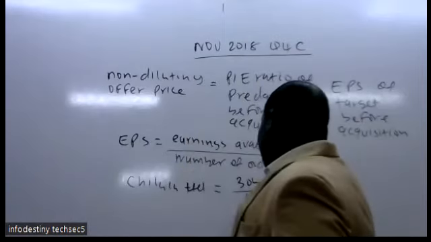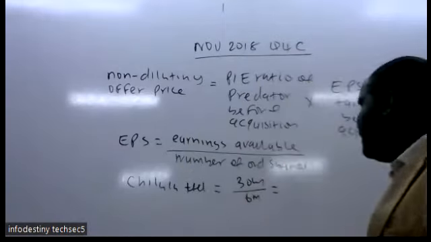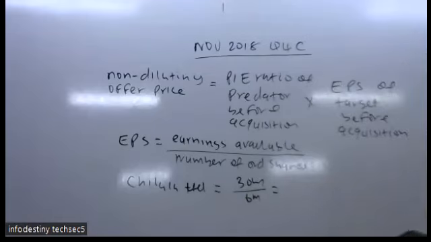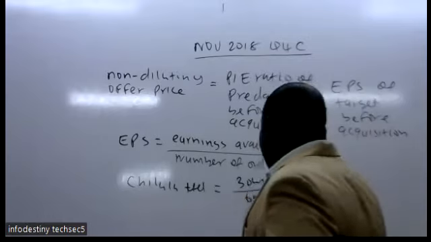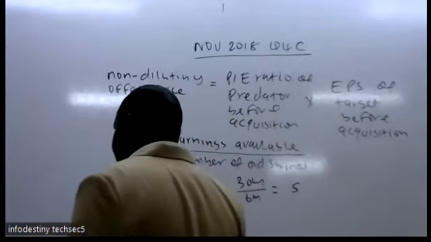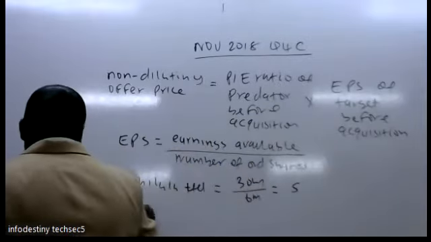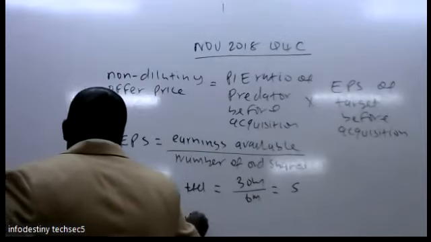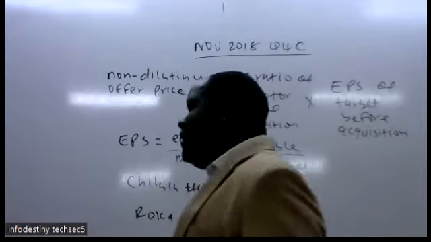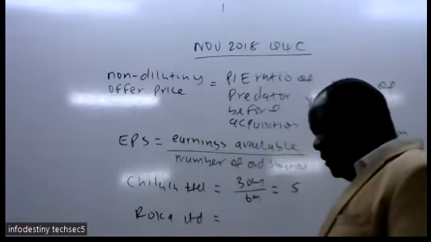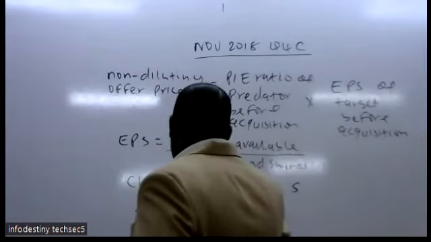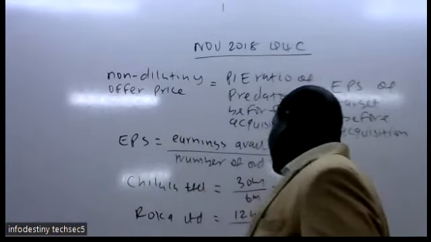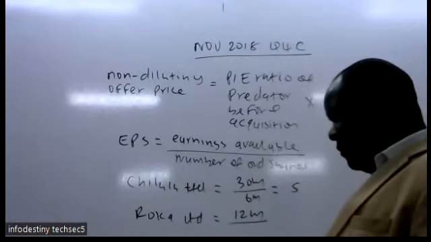That should give us 5. Then we do the same for Rocker Limited. The one for Rocker Limited, net earnings is 12 millions. You also divide by the number of the ordinary shares.